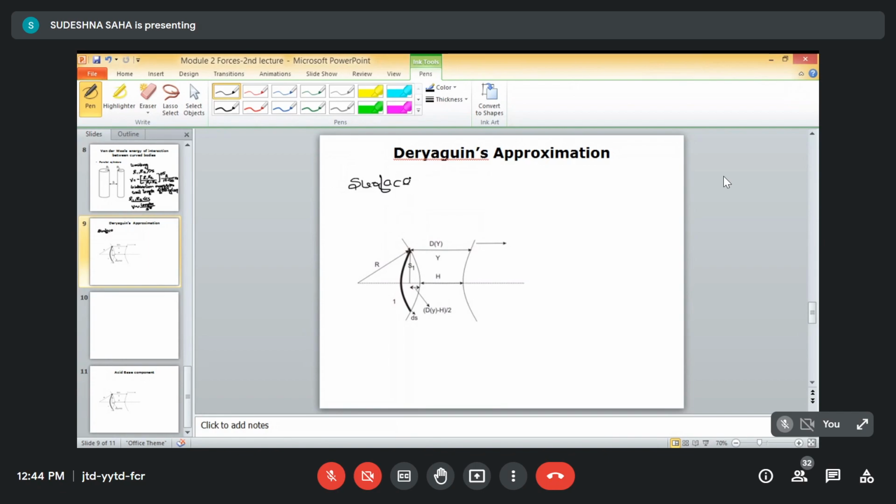The surface area can be written as ds equals 2 pi y dl, where the radius of the surface ring is y and the radius of the particle is r.